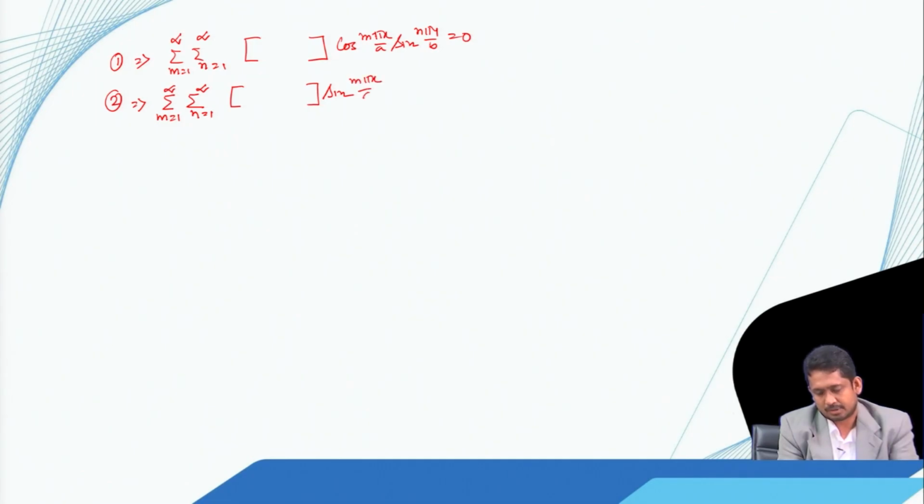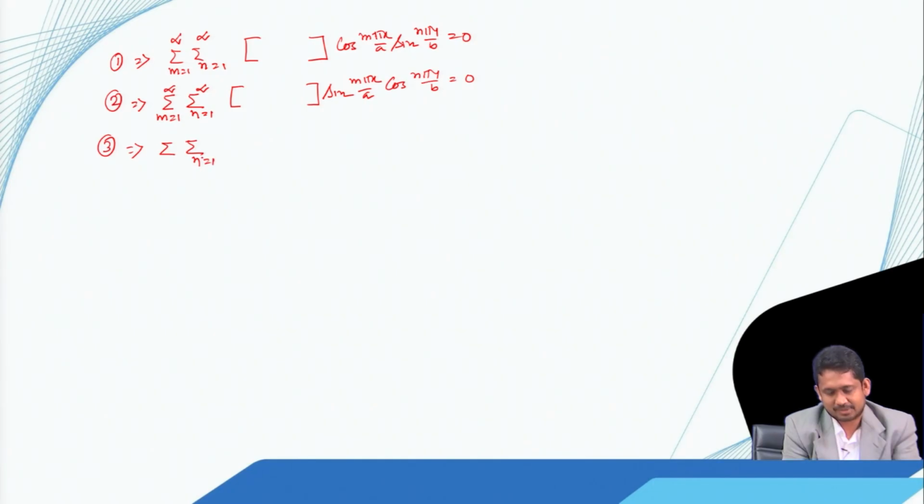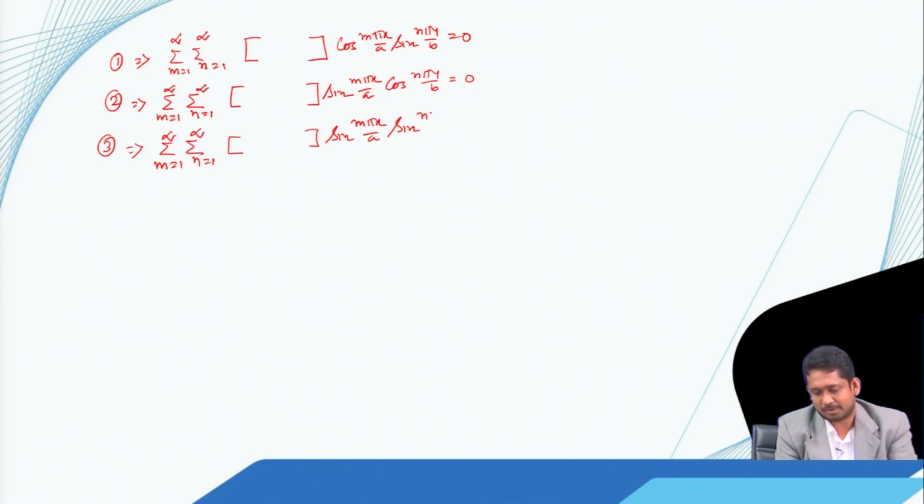And then equation number 2 takes this form: n equal to 1 to infinity, m equal to 1 to infinity, something multiplied by sin m pi x by a cosine n pi y by b equal to 0, and this becomes n equal to 1 to infinity, m equal to 1 to infinity. Again we get sin m pi x by a and sin n pi y by b outside.